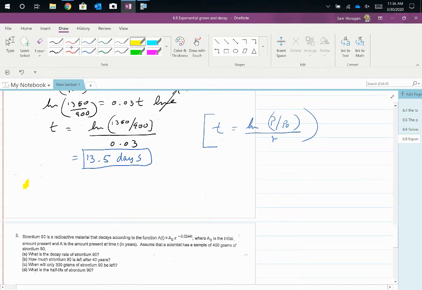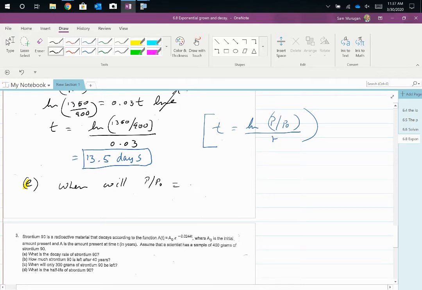Instead of going through the entire population, they're asking you when will P divided by P0, the population, double from the original amount, or the initial amount.